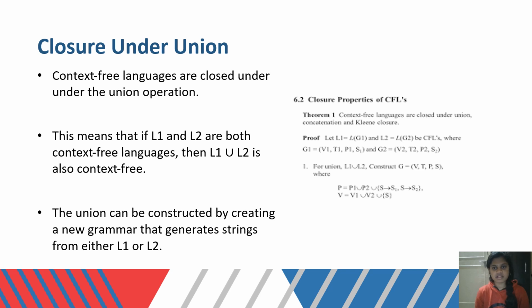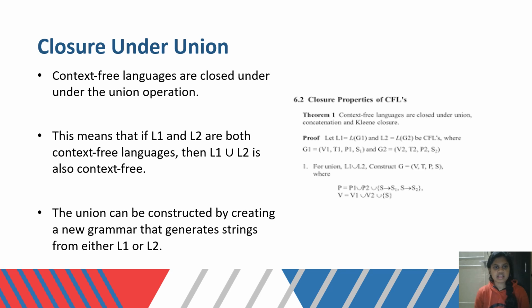In the example, we have two languages L1 and L2, which comprise the grammars G1 and G2, and which also have the elements V, T, P, S in both the languages. If we unite them, we get the united language, which also belongs to the CFL.